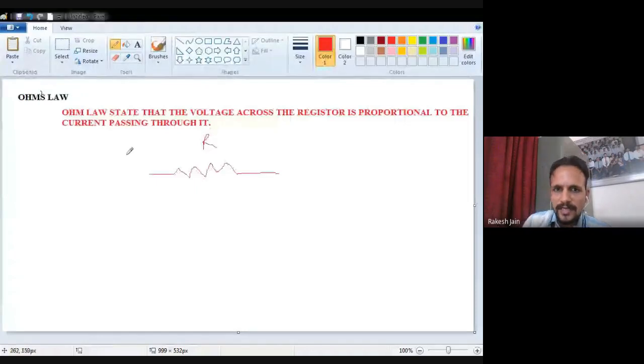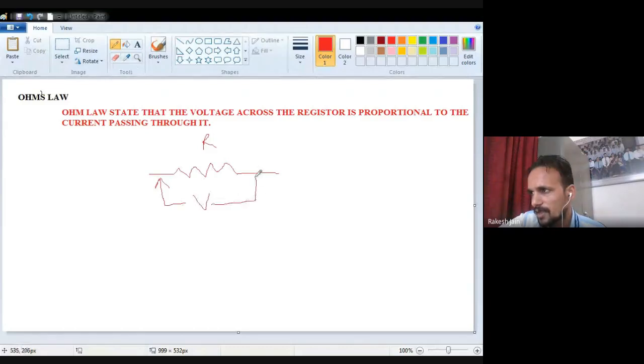So Ohm's law states that the voltage across the resistance, voltage being denoted by V, is always proportional to the current I passing through the resistance.